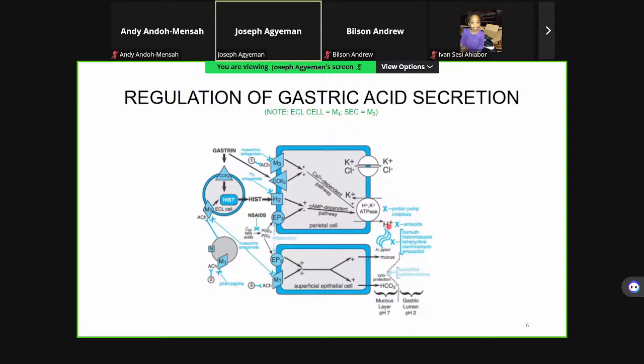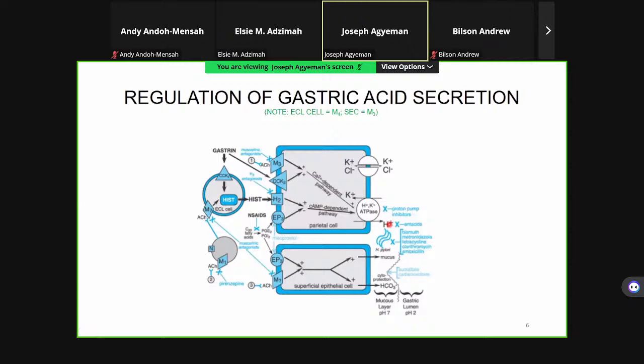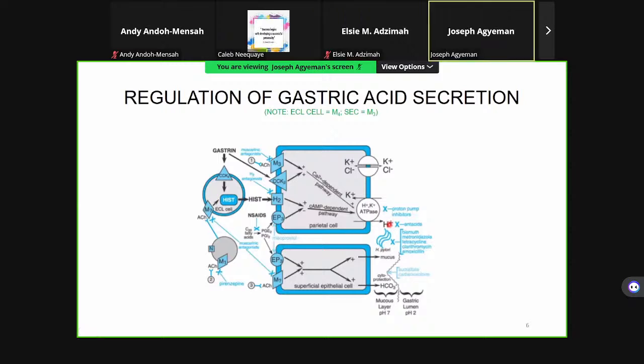So you will have neutralization of the secreted acid. But eventually, when the calcium is absorbed into the parietal cell, it can help activate these two pathways. Then you release the acid, the so-called rebound acid secretion, as a side effect of calcium-containing antacids.